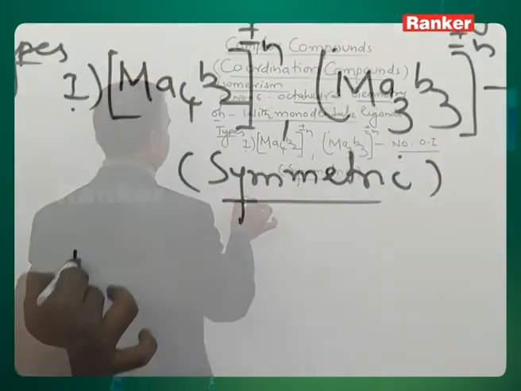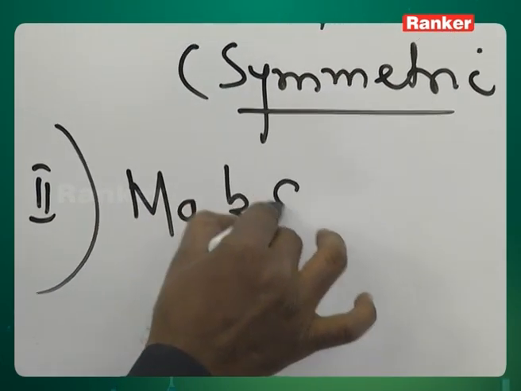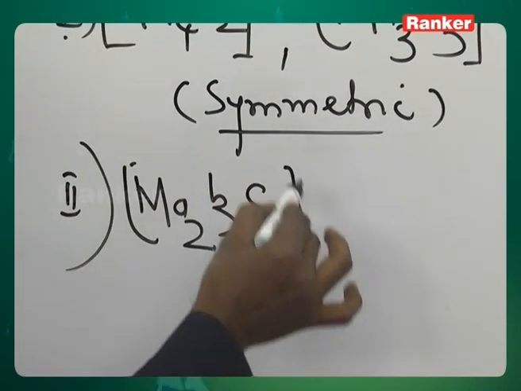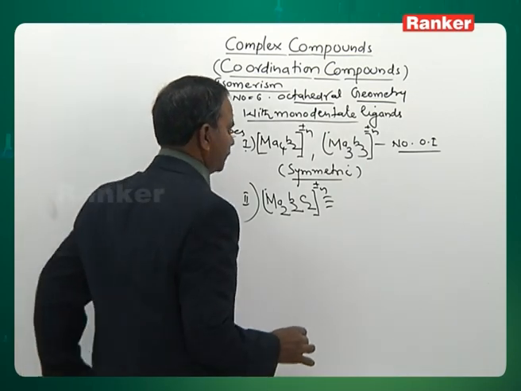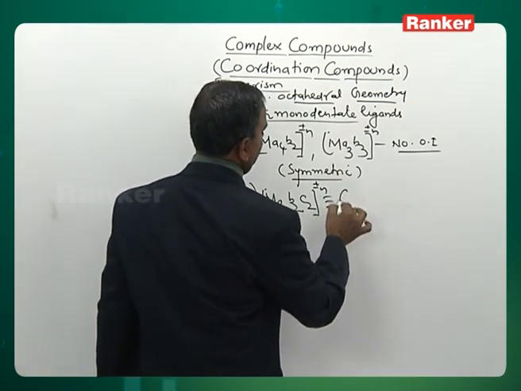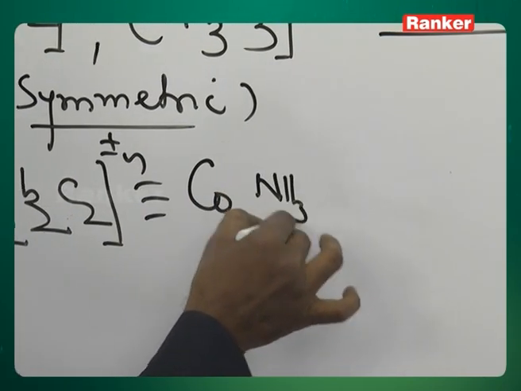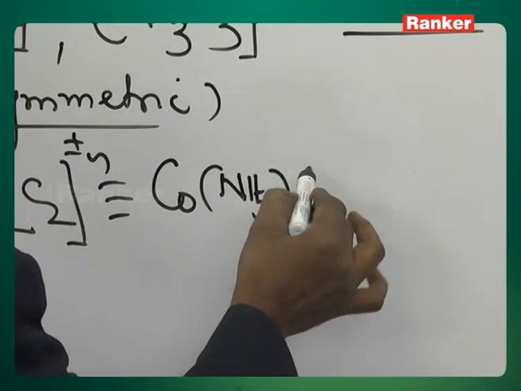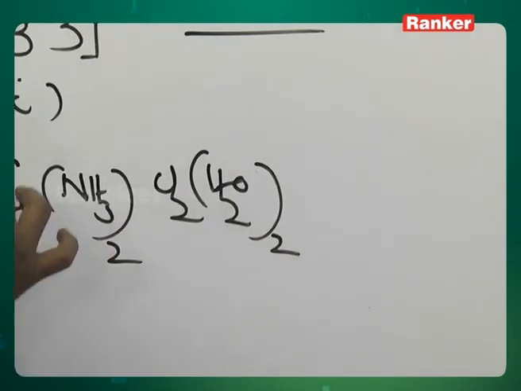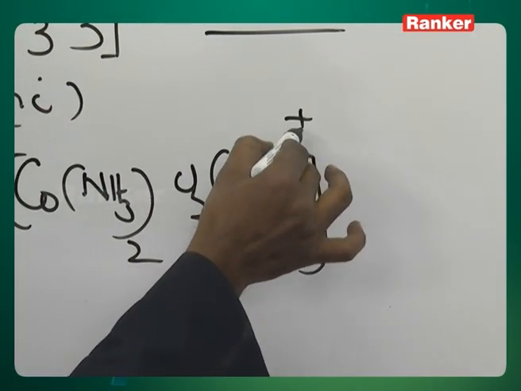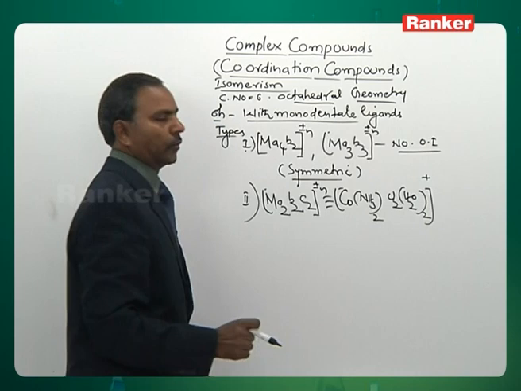Coming to the second, take Ma2B2C2. Let me give a real example: Co(NH3)2(H2O)2Cl2, that is Ma2B2C2. The plus charge is enough to make it cobalt plus 3.